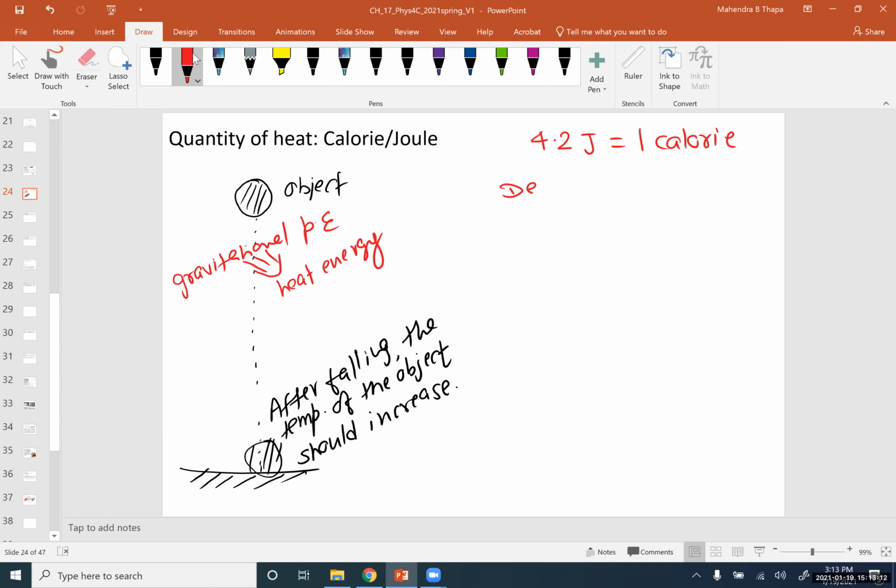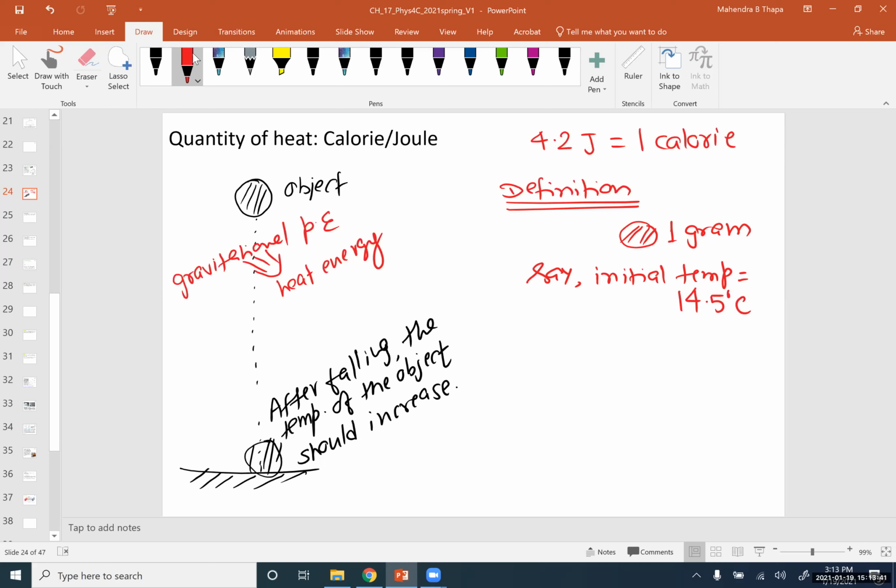The definition is as follows. Say, for example, the mass of this object is 1 gram, its initial temperature is 14.5 degrees Celsius, and its final temperature changes by 1 degree Celsius, so it will be 15.5 degrees Celsius.